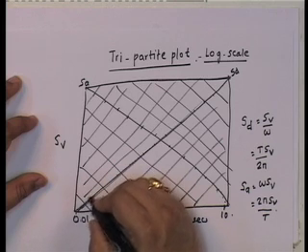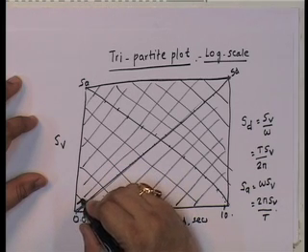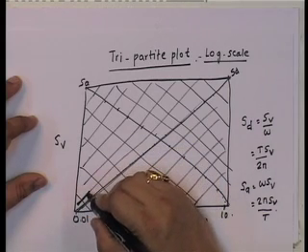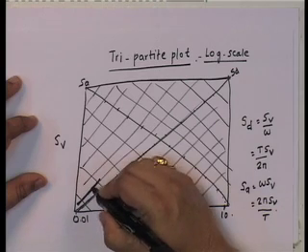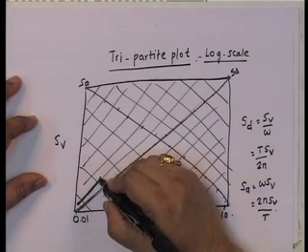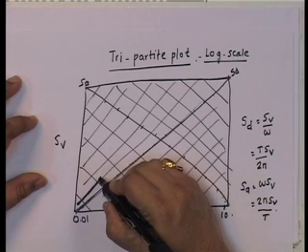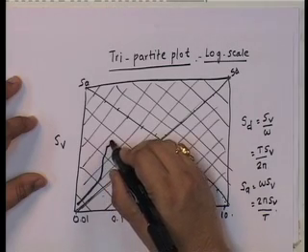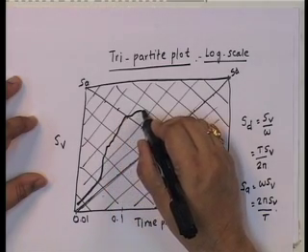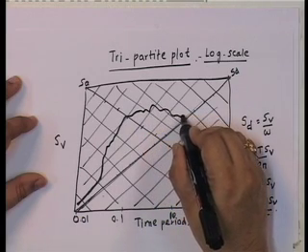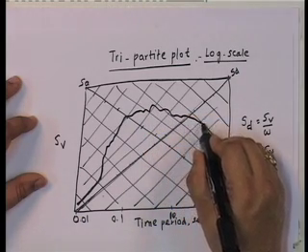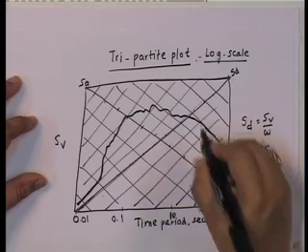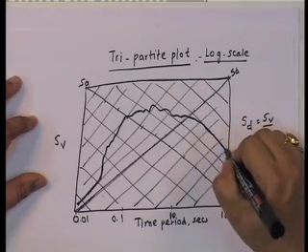It will go something like this, where in this portion it remains very close to the acceleration, and then it starts climbing, goes somewhere here, and then it goes in this fashion.